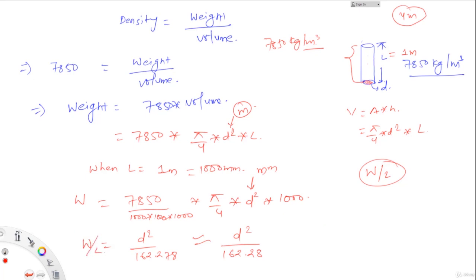So let us assume you are measuring an 8 mm bar. Here D is equal to 8 mm, and the total length from the site measurement or from the drawing you found to be, let's say, 4 meters. Now you have to find the weight. So what do you do?